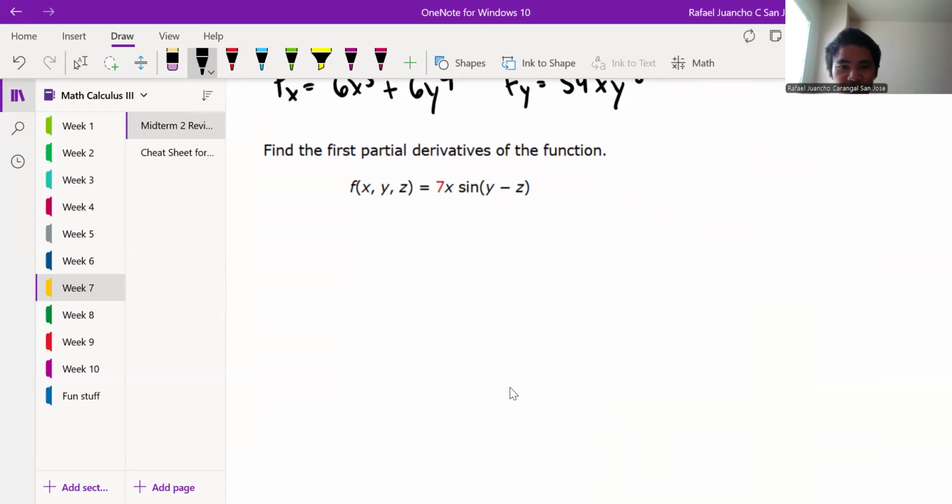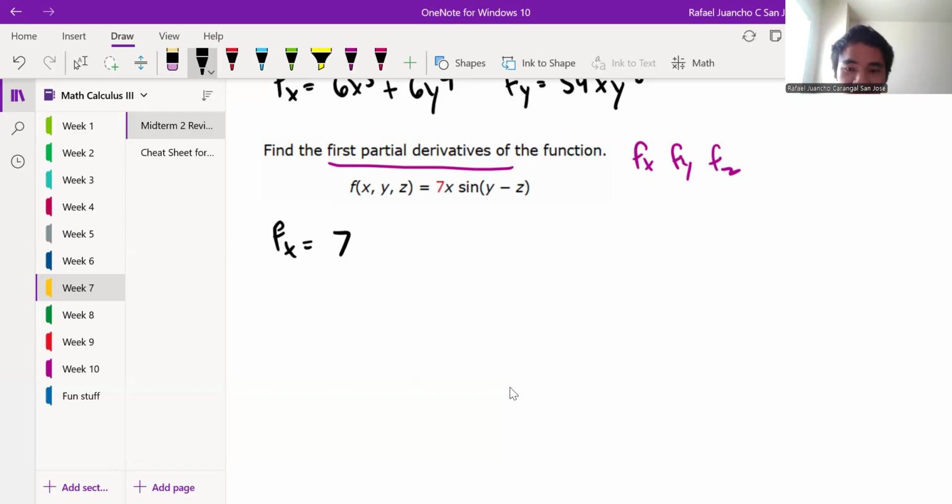Well, here we need to find f sub x, f sub y, f sub z. That's what we need to find, and then we treat the rest as constants. So here we have f sub x. We take the derivative of 7x sine of y minus z. Oh shoot, I remember this being long. This is 7 sine of y minus z. Or actually, no, I don't think this is long. Why? Because I just treat 7 and this sine function as some number.